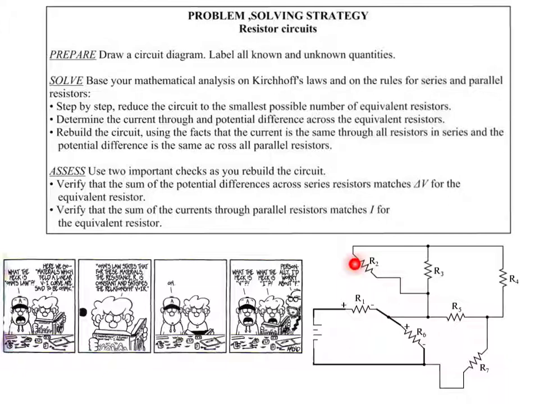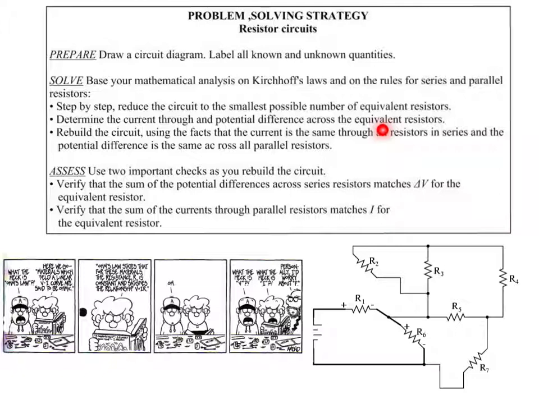Oftentimes you'll want to redraw that circuit each step of the way. Then you want to determine the current through and potential difference across equivalent resistors. Once you have that equivalent resistance, then you can begin to solve the parts of the problem that you need.